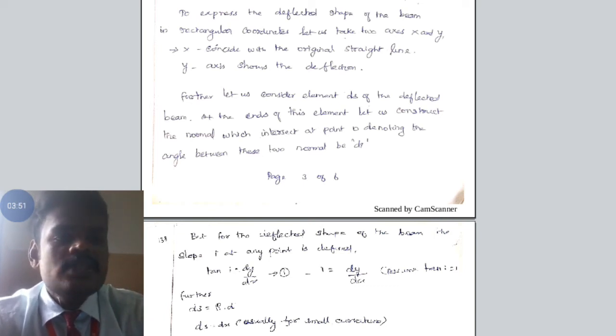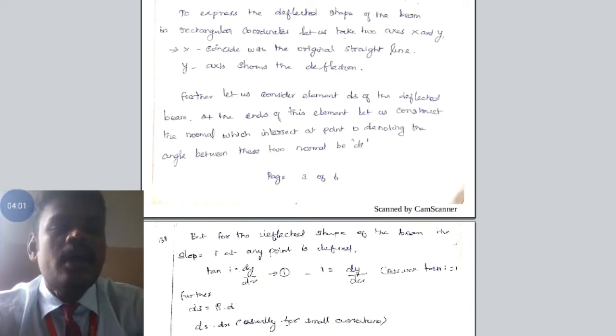At the end of this element, let us construct the normals which intersect at point O, denoting the angle between these two normals. We are going to construct a graph in which the total amount of deflection and also the slope are identified.